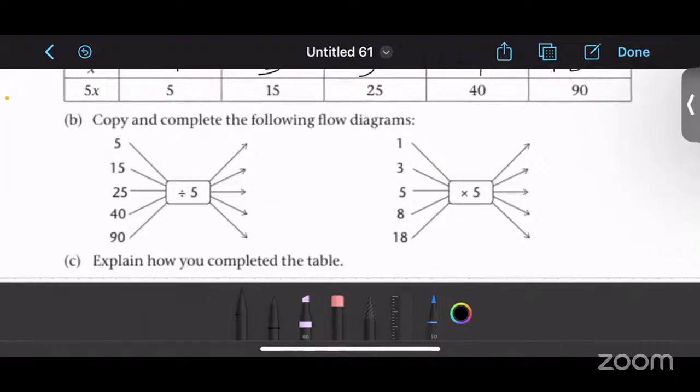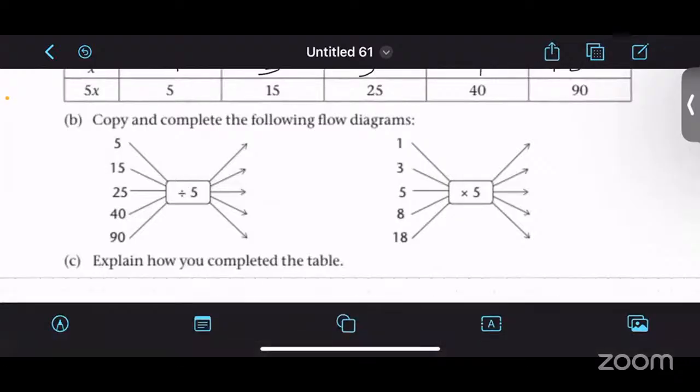Perfect. And then we have B over here. They say copy and complete the following diagrams. And then we have 5 divided by 5. We can get our answer, the output. 15 divided by 5 to get the output. 25 divided by 5 to get the output. 40 divided by 5.